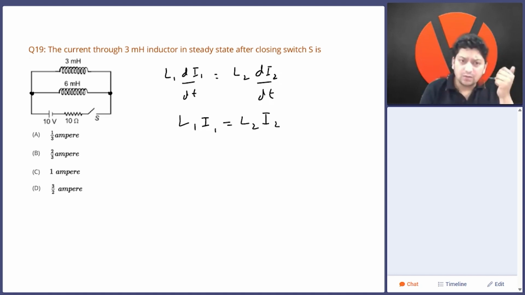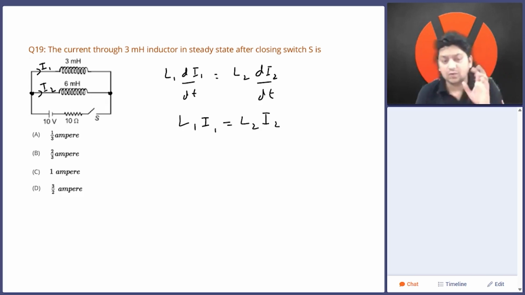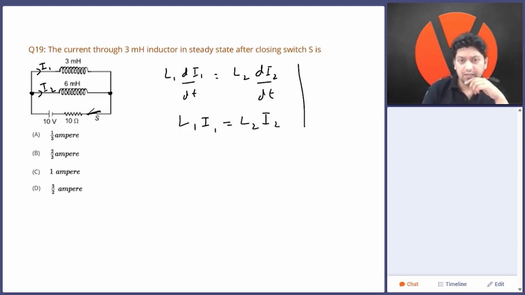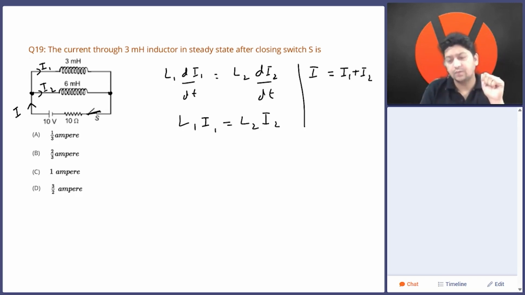What is I1 and I2? Suppose the I1 is the current which is passing from 3 millihenry inductor, and I2 is the current which is passing through 6 millihenry inductor when switch S is closed. Okay, and secondly, suppose the battery sends current I, and this current will be divided in two parts, so I has to be equal to I1 plus I2, right?